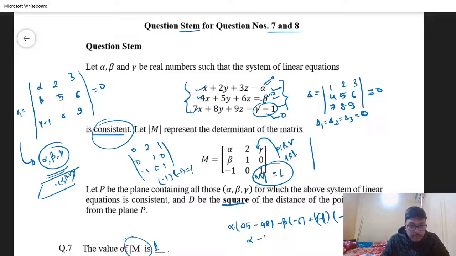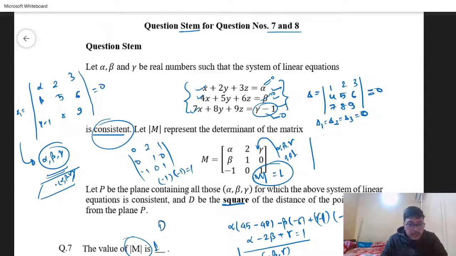We will get alpha minus 2 beta plus gamma equals 1. This is the equation of a plane consisting of the points alpha, beta, and gamma, or we can say that it is the locus of the points alpha, beta, and gamma.